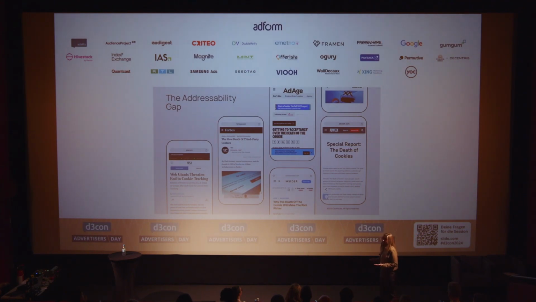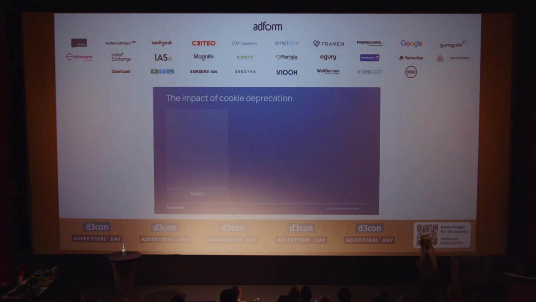But the fact of the matter is that with all these external factors, plus the fact that consumer journeys are more complex and fragmented than ever across different devices and channels, the topic around addressability is reaching another level.